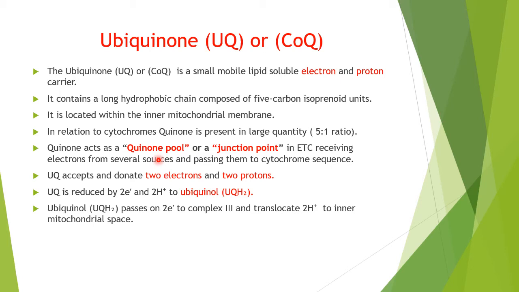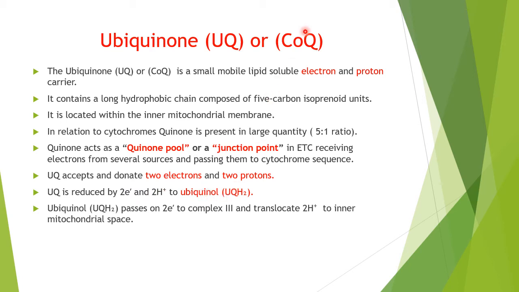So quinone is proportionately more in the ETC because it has a role as a postman. It has to carry different electrons from different sources and give them to the cytochrome sequence. Ubiquinone accepts and donates 2 electrons and 2 protons. First of all, ubiquinone is reduced by 2 electrons and 2 protons to ubiquinol.